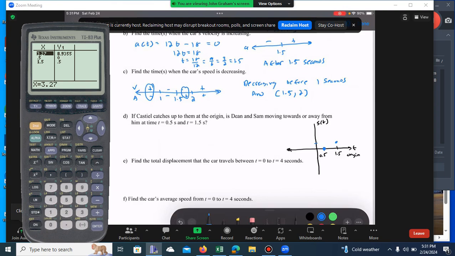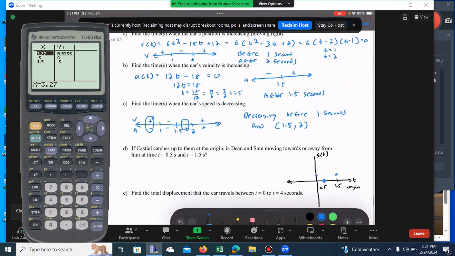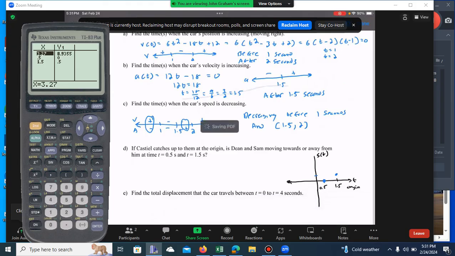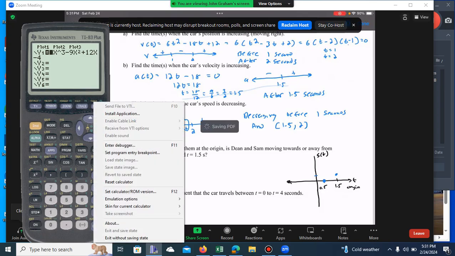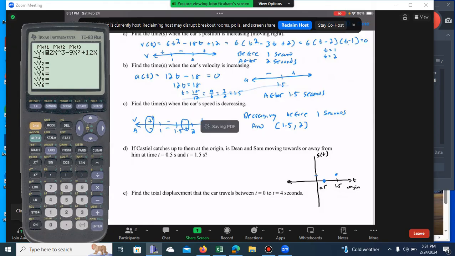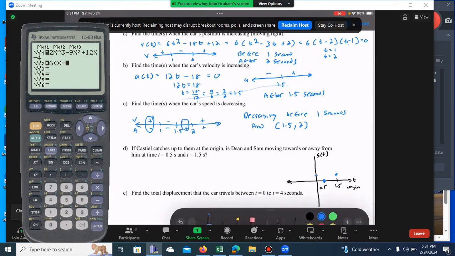Now let's look at the velocity at these points. So I'll type this in since it's going to save anyways. 6 times x minus 2 times x minus 1. So let's see.